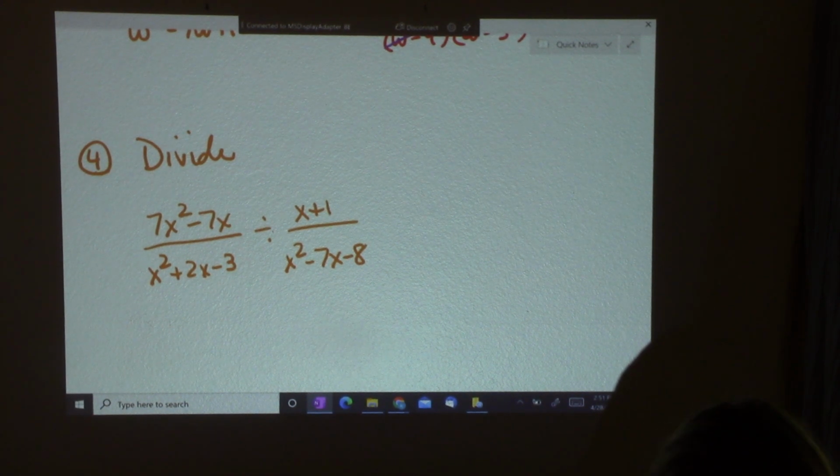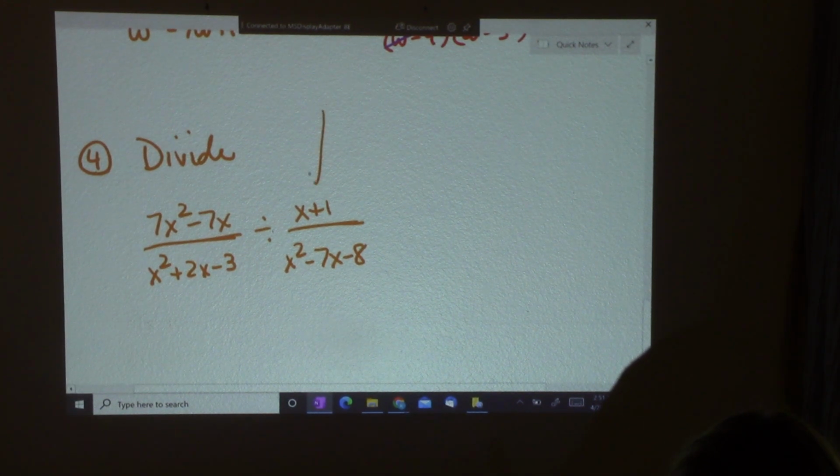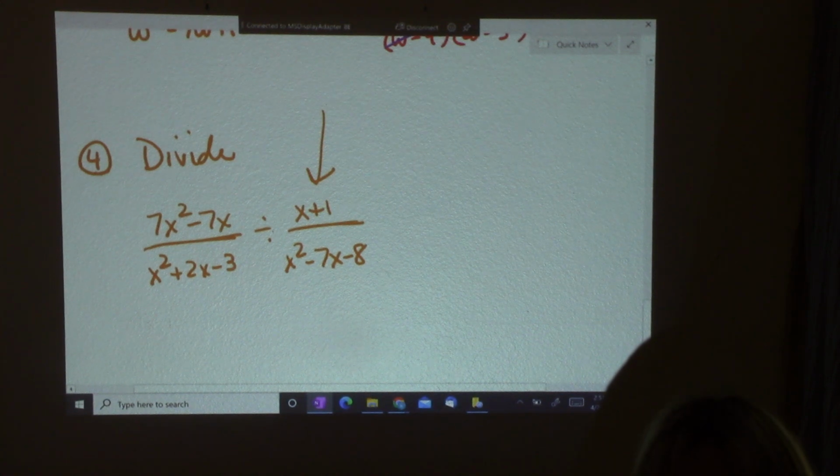These are truly just fractions. I have division bars here. They're big, fancy, complicated looking fractions. How do I divide fractions? All I do is take the second term and flip it and multiply. So I flip and multiply by the reciprocal.